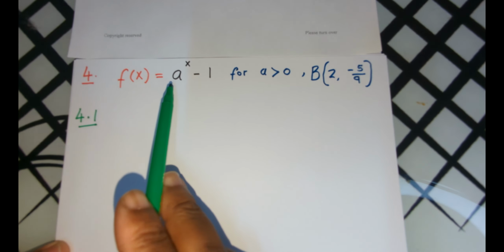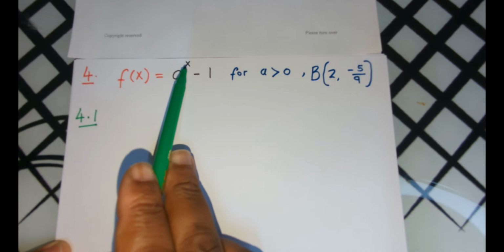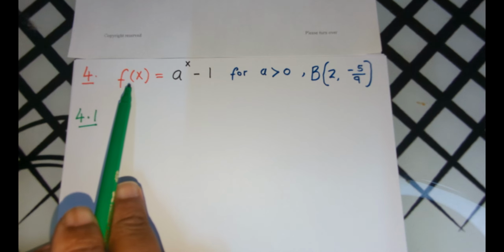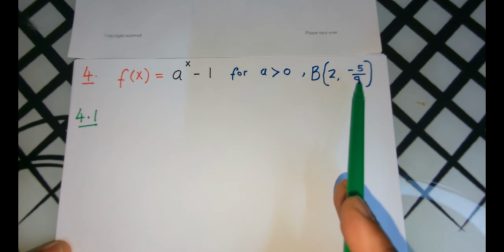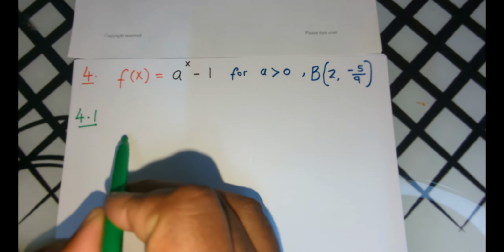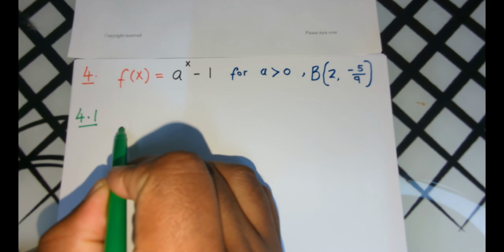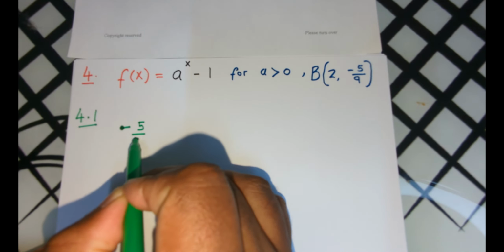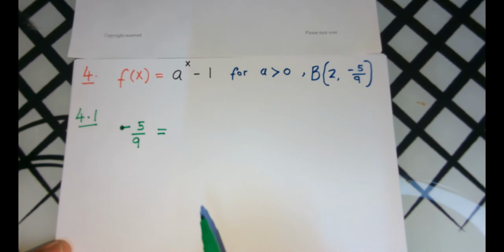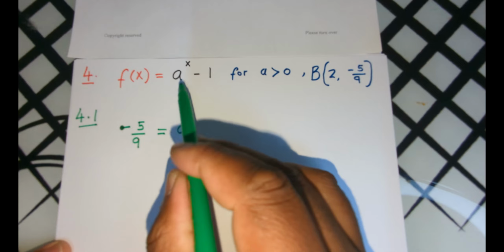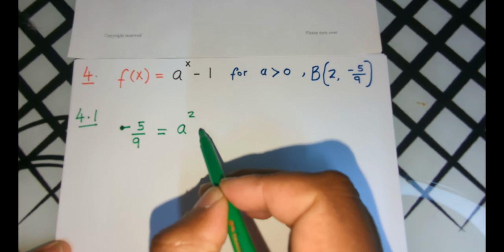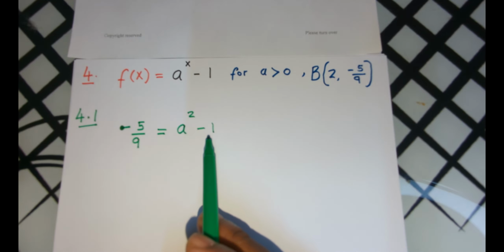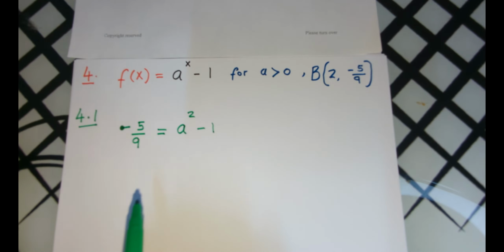So to calculate the value of a, we need to replace the value of x with 2 and the value of y, which is our f of x, with minus 5 over 9. So we are going to replace our y with minus 5 over 9 and equate it to a to the power of x, our x is 2, minus 1. Let's transfer negative 1 to the left side.